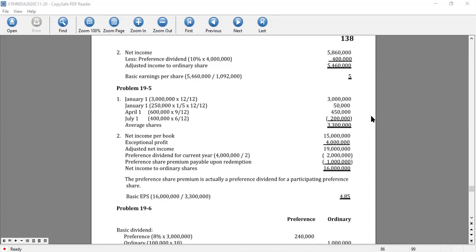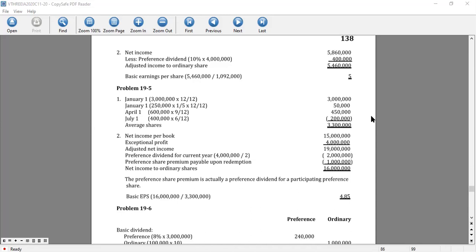So we have now to multiply 250,000 by 1/5 times 12 over 12. So it's still January 1 to December 31. Issued at 5 per share, 1 peso paid to date and entitled to participate in dividends to the extent paid up. So that's 1 over 5.